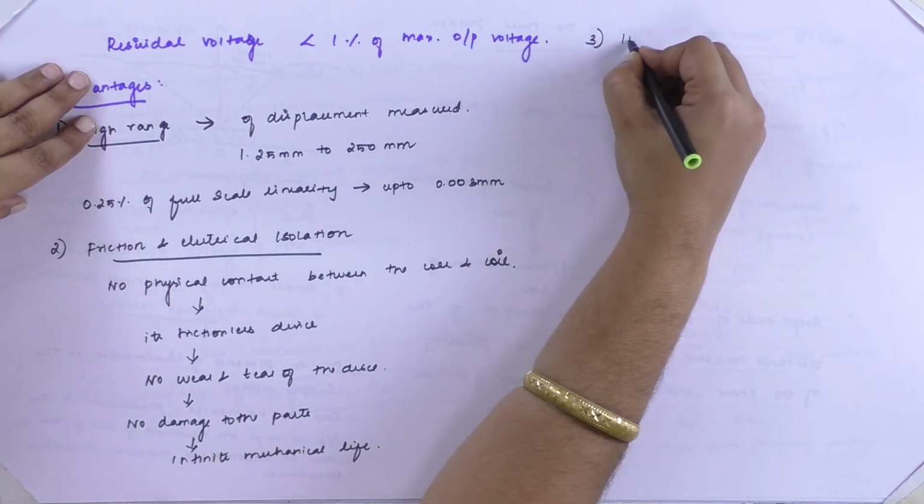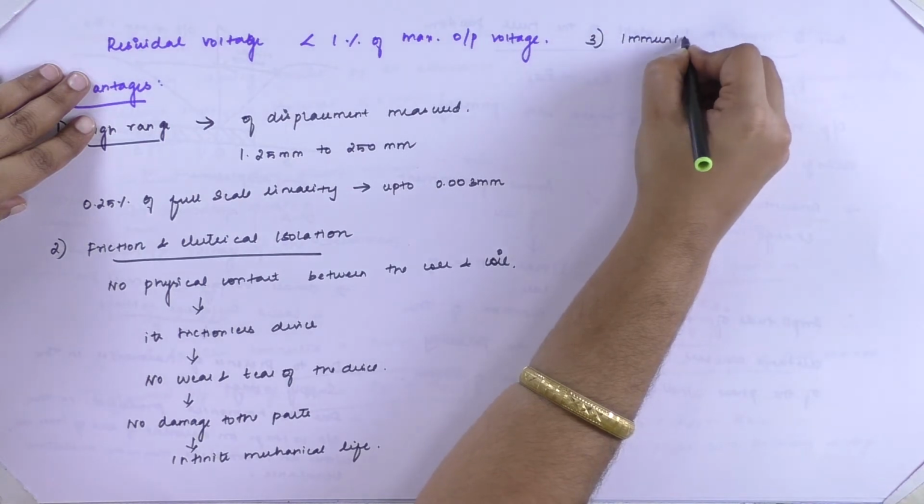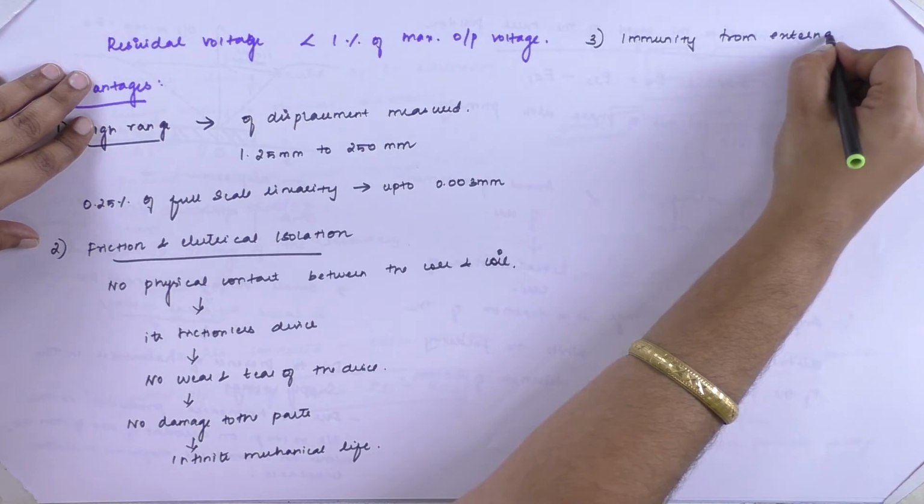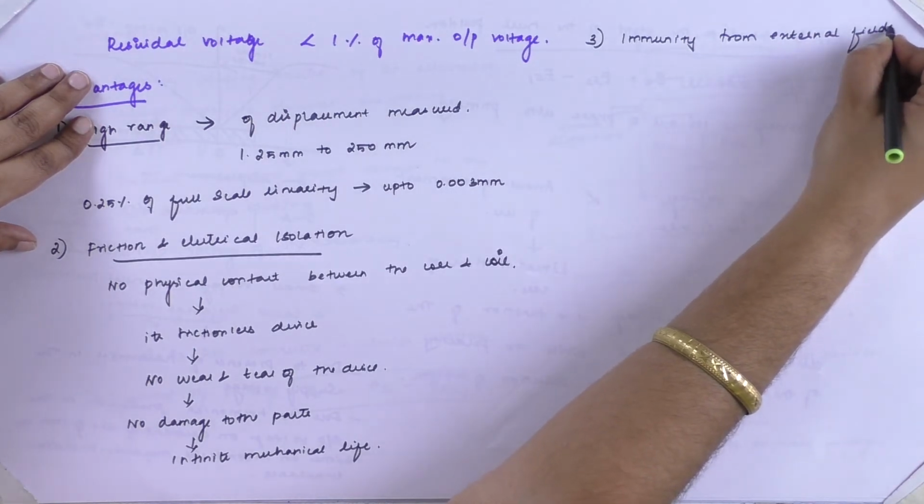And the third one is immunity from external fields.